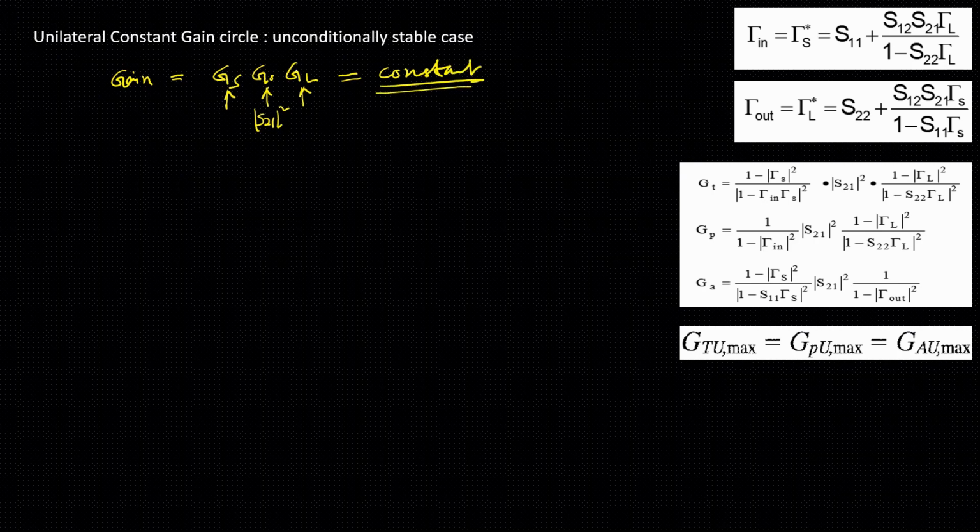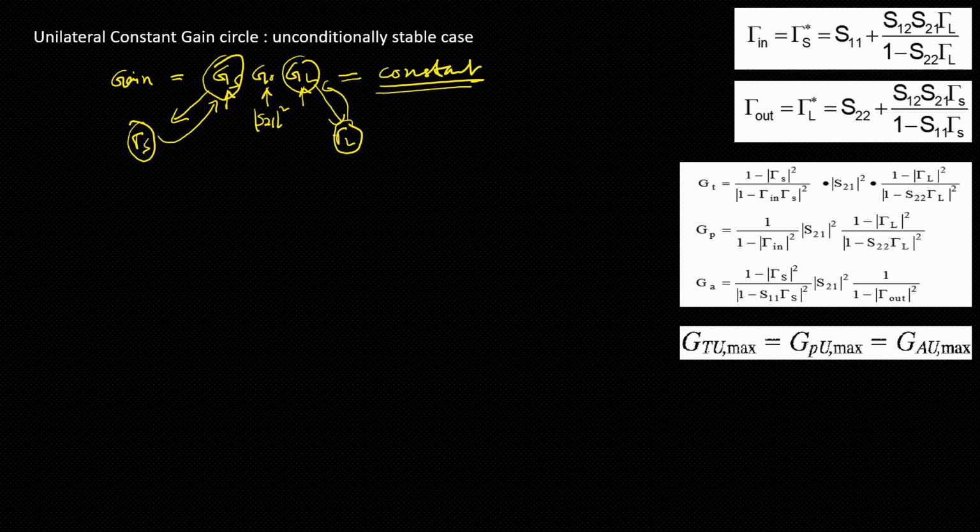That means I have selected a gamma S which gives me some constant value of GS, and I have selected one gamma L which gives me a constant value of GL in the output part. And how will I select this? I will draw the constant gain circle.